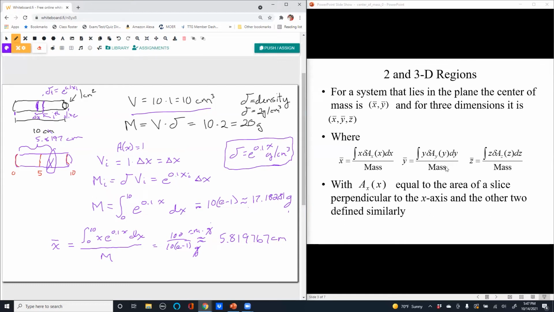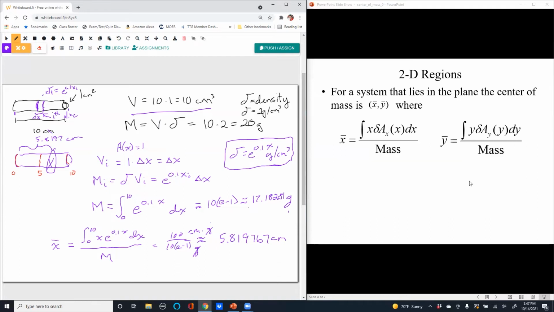It's basically the same principle in all of them. Now here's the caveat. To be able to do this, we do need to assume that we can get the density and the area all in terms of the same variable. It's easy to get in terms of x or our input variables. Sometimes it can be hard to get in terms of y, and sometimes it can be hard to get in terms of z. So we're going to talk about how to get around that.